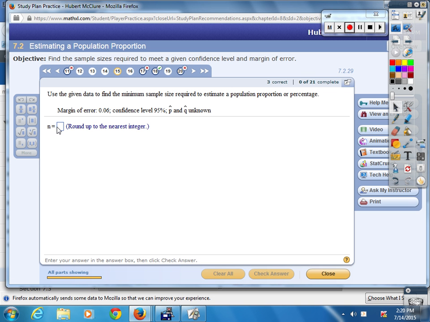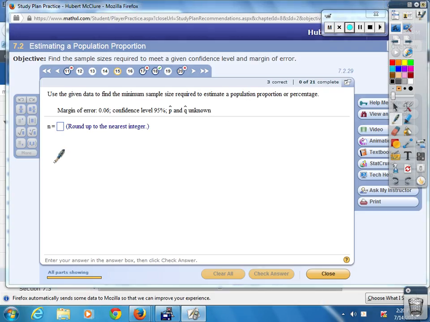Here we go. Use the given data to find the minimum sample size required. Margin of error 0.06. Confidence level 95%. P and Q are unknown. So margin of error, MOE, is 0.06.